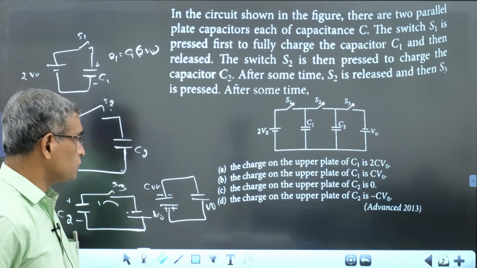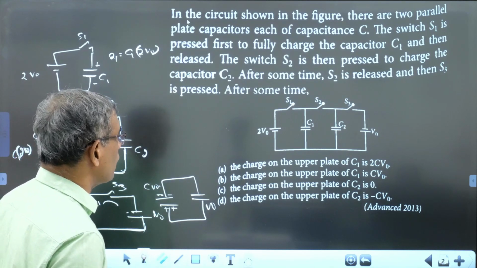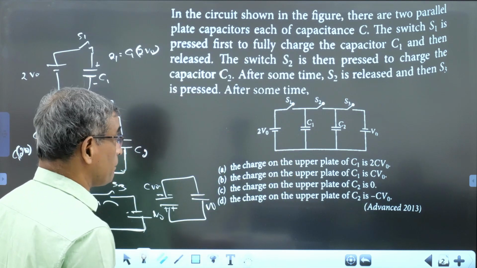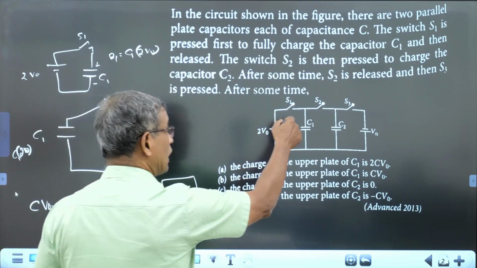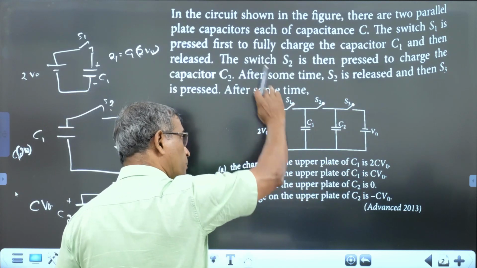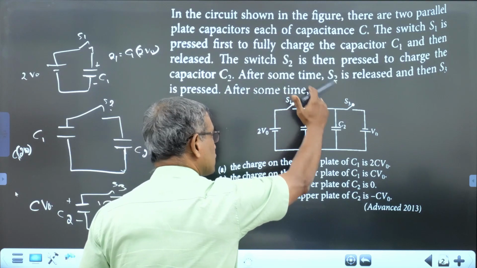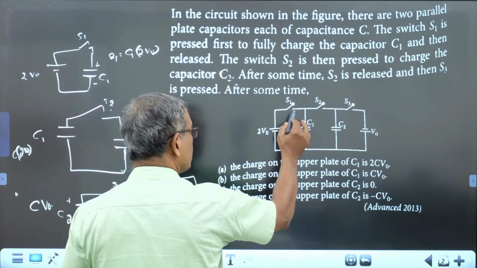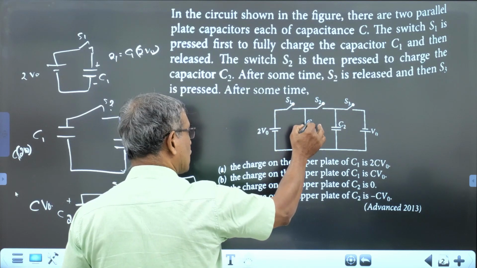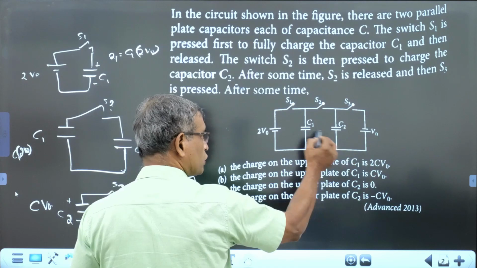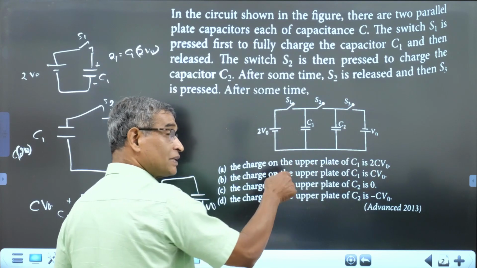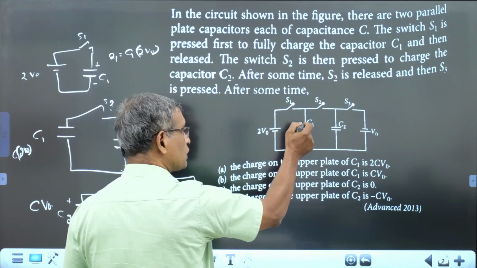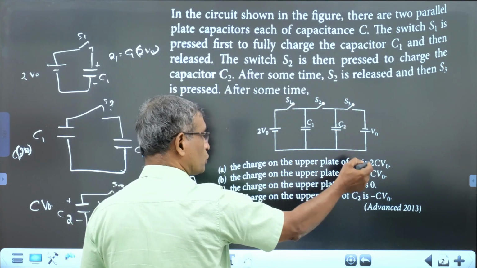Now go to the options. The charge on the upper plate of C1 after some time, after we press here and release, press here and release, press here and release. What is going to happen? On pressing S1, we found the charge on C1 is 2CV0, but that is shared with C2. On releasing S2, the charge on the upper plate of C1 is equal to CV0.